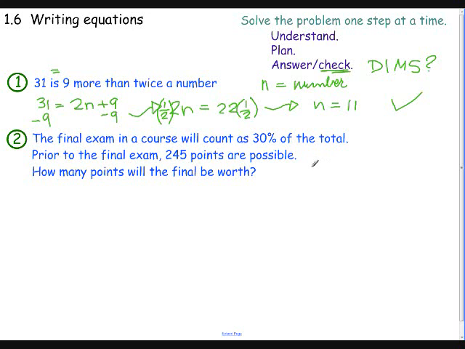Oh, well, let's say x. That makes some sense too for exam. X equals the number of points in final. Now that's the total number of points that could be achieved. Okay, so how can I put this into an equality?